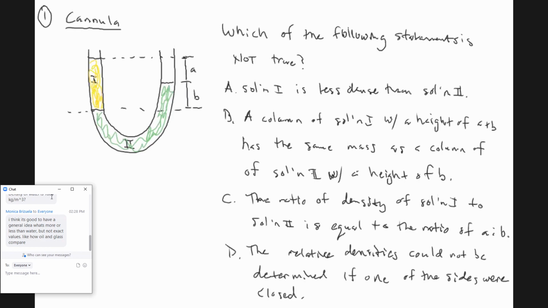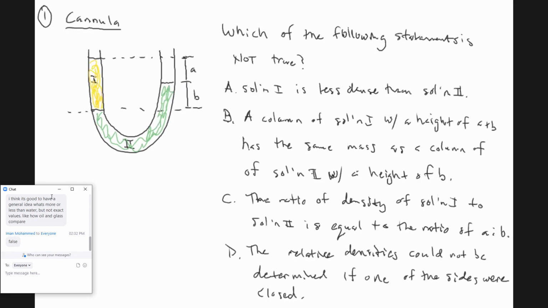So we're looking for true or false statements. Thank you. It's false statements.